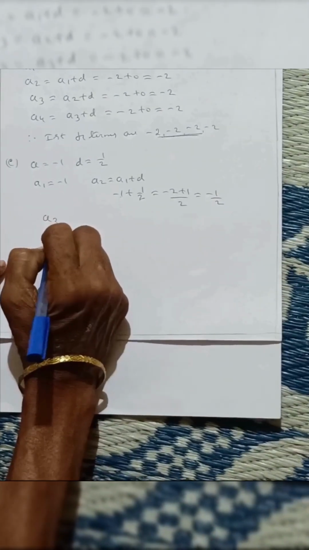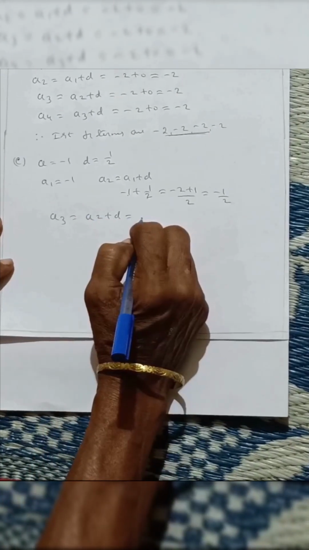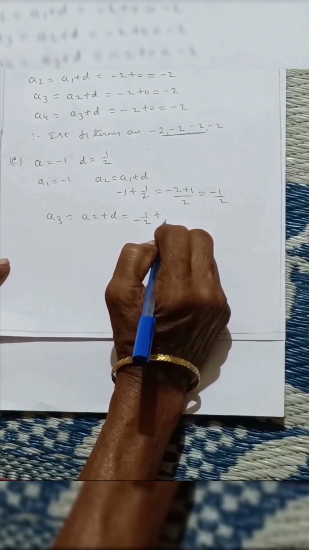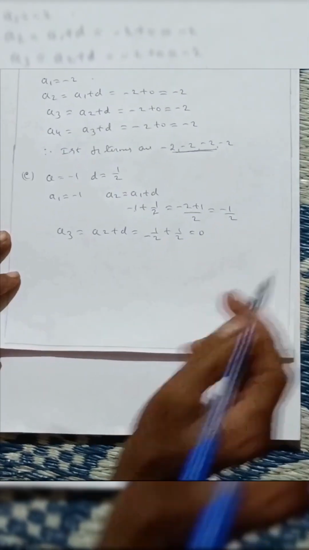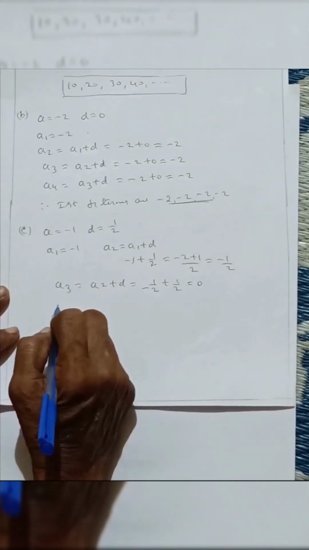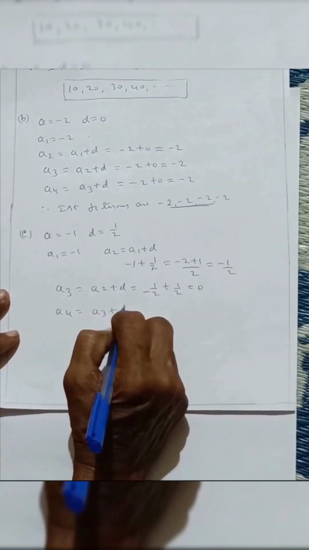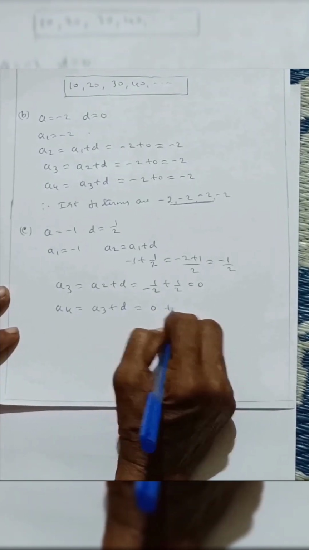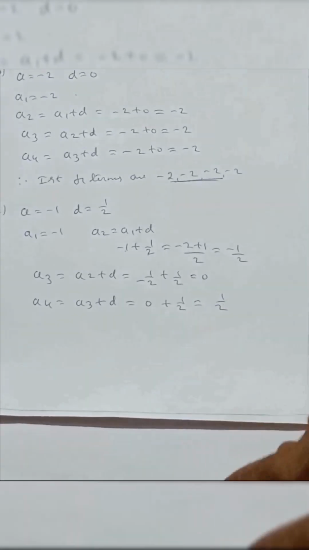Again A3 equal to A2 plus D. A2 is minus half plus the difference, plus half. That is 0. A4 equal to A3 plus D. A3 is 0 plus the difference half. It is equal to half.